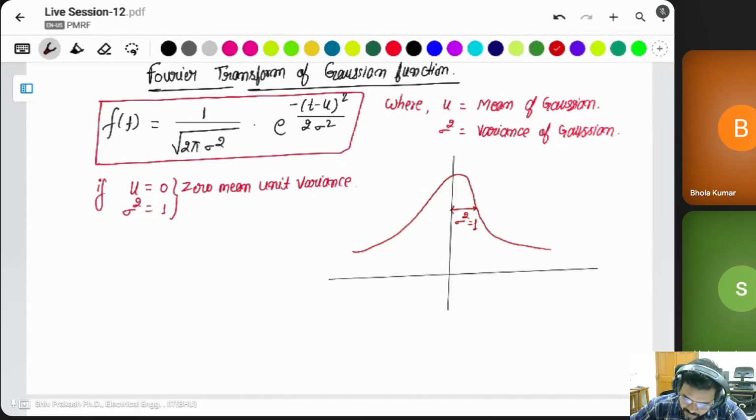Putting u equal to 0 and sigma square equal to 1, the whole function f(t) will look like 1 divided by root of 2 pi, times e to the power of minus t square divided by 2.